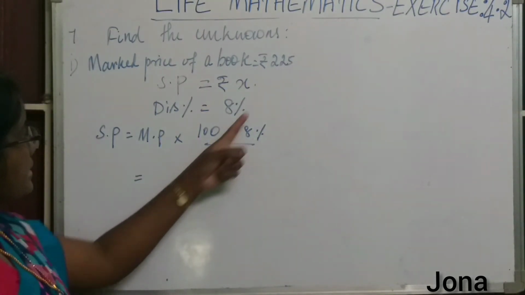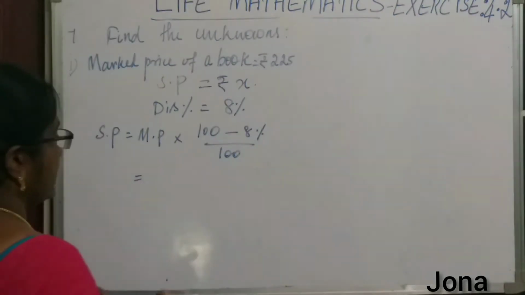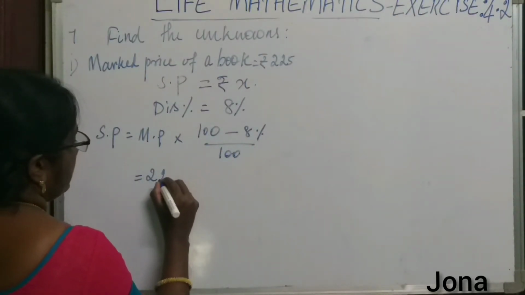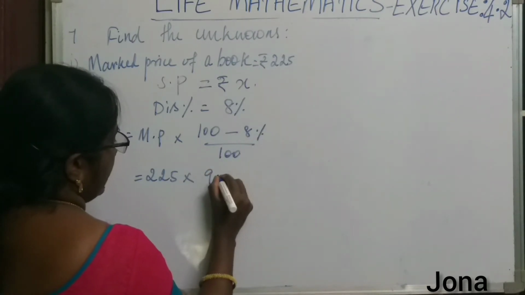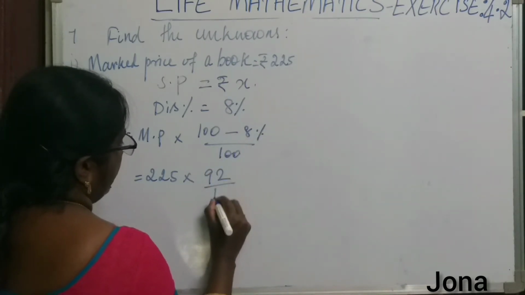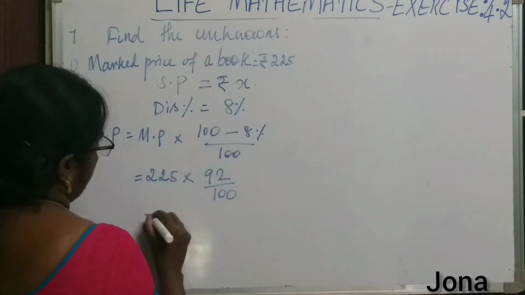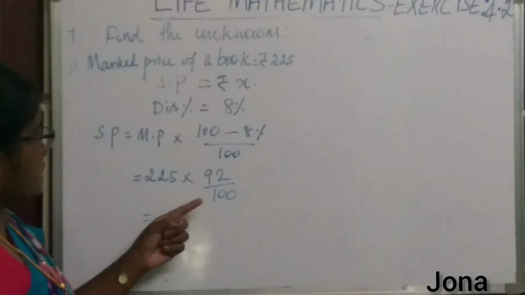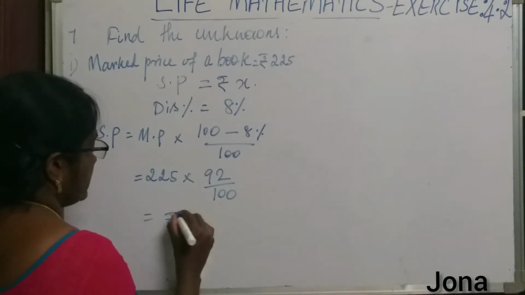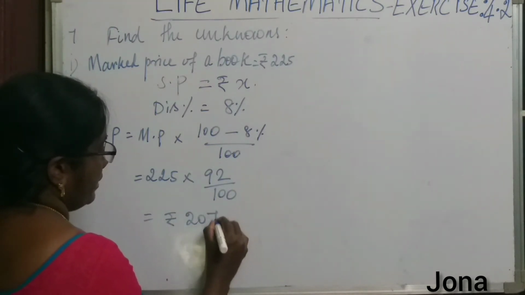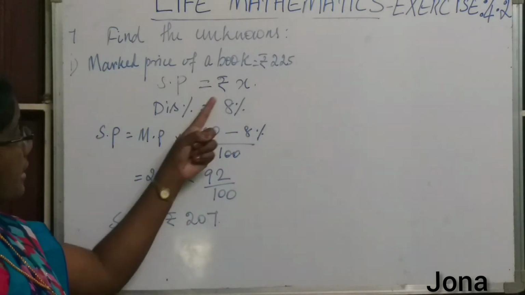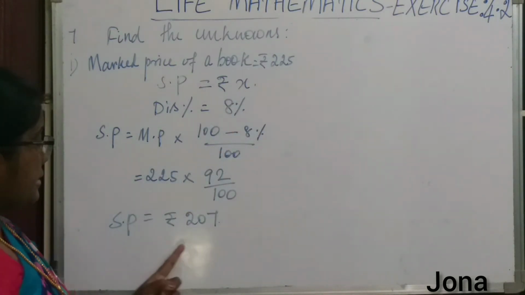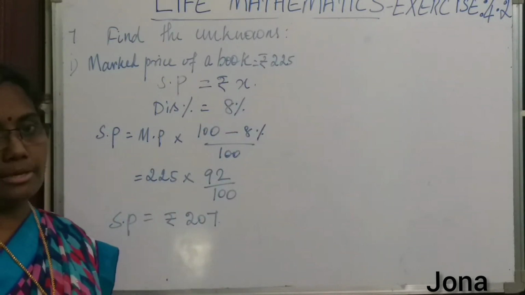So that mark price is nothing but 225, isn't it? So 225 into 100 minus 8 is 92 divided by 100. So if you simplify this, we will get rupees 207. So this is SP. That is nothing but X. The unknown X is nothing but rupees 207.